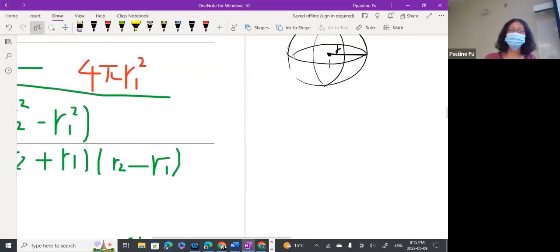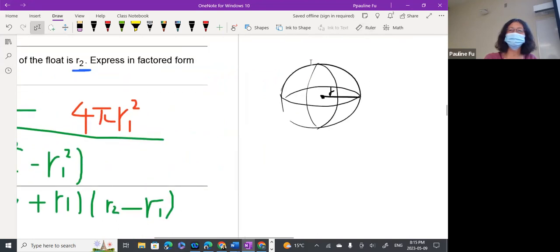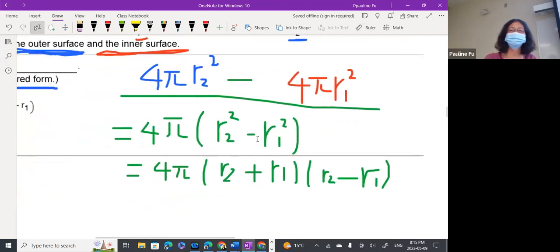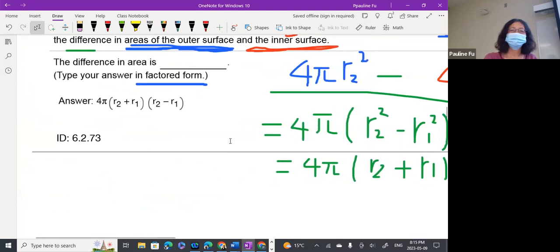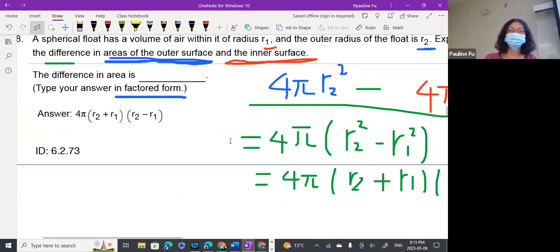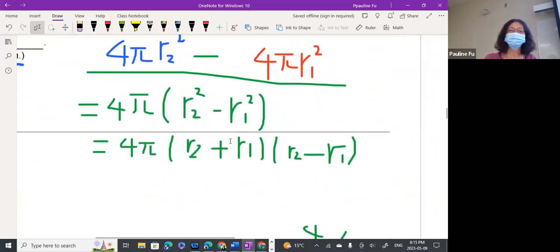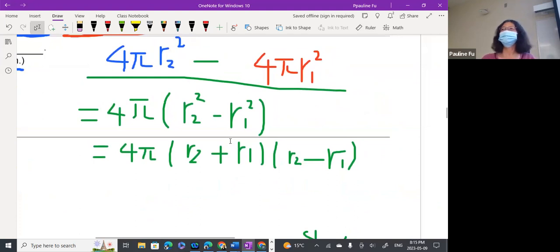And the shape is like this, 3 dimensions. Next question.